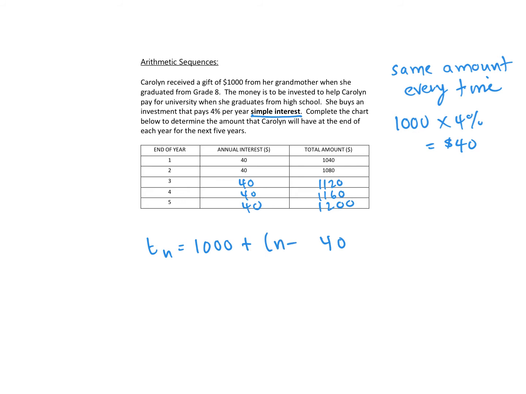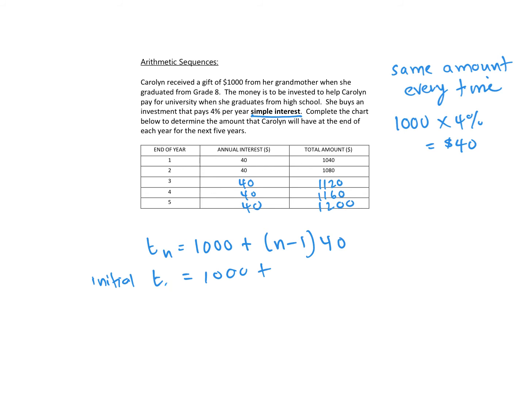But we're going to write n minus 1 because we already have the first $40 here. So for example, let's change that.